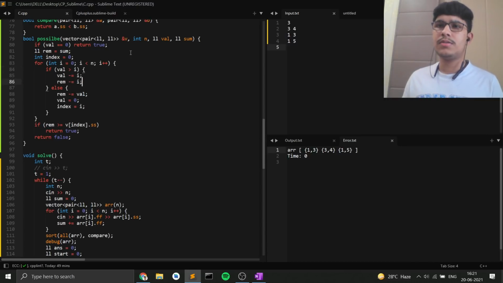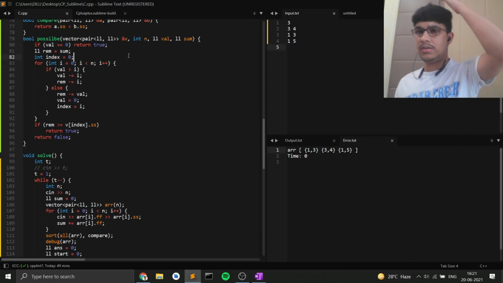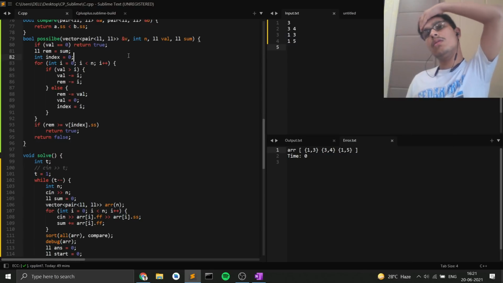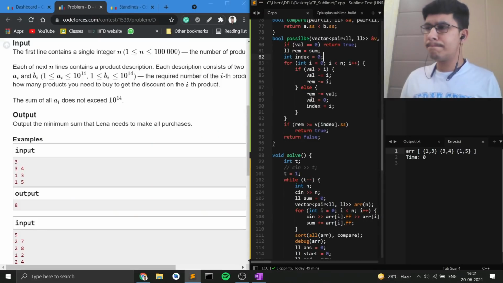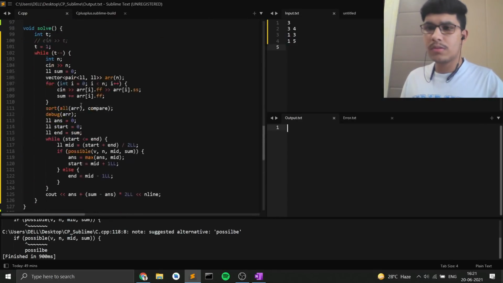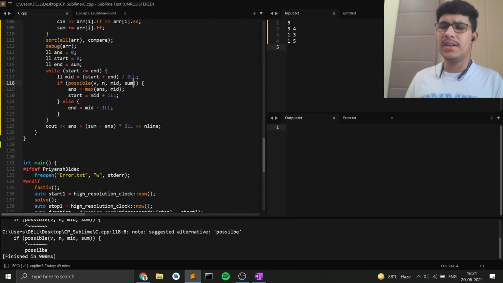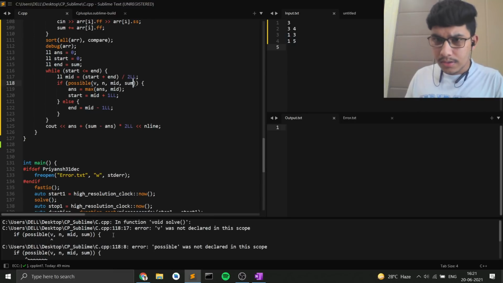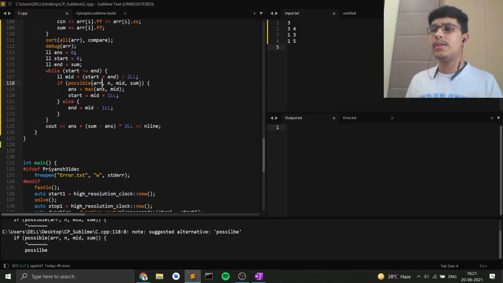Instead, let's do this. So let's see. And I need to pass in the sum variable as well. I am already doing that. B was not declared. Okay, we have to pass in ARR.